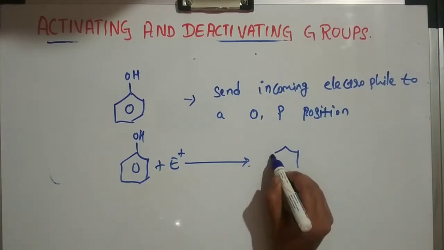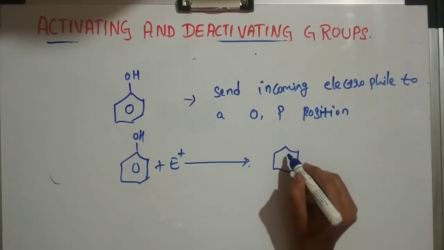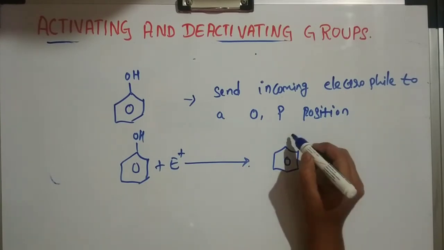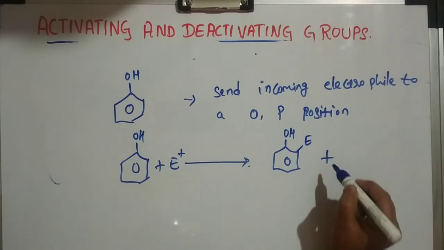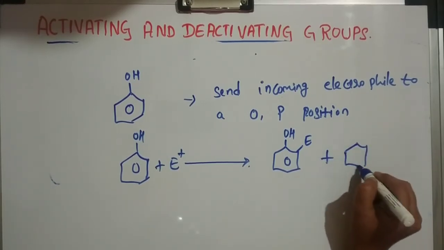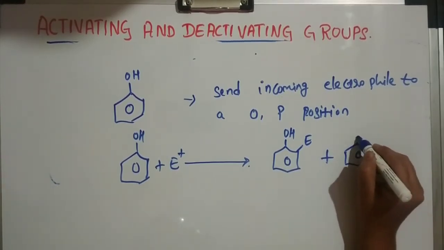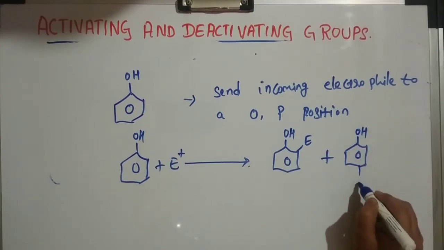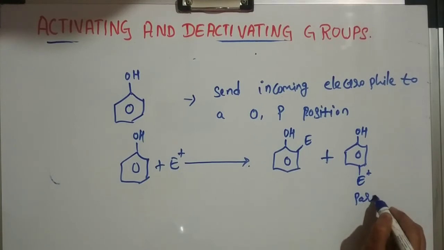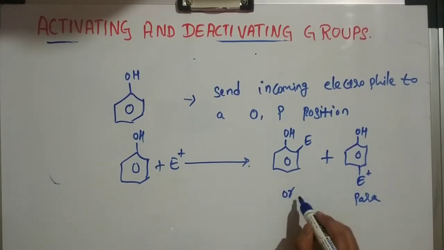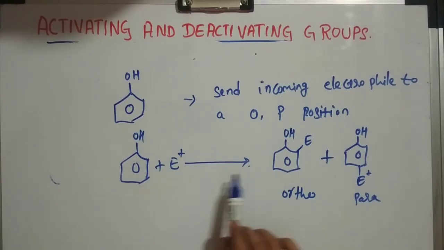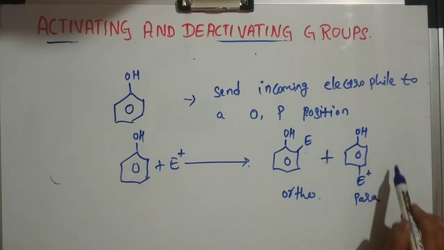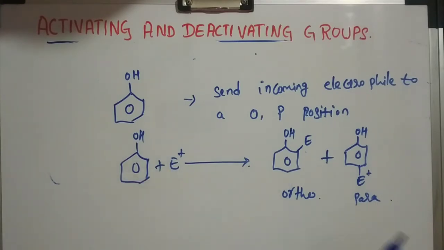One time it will take place in the ortho position, and one more time it will take place in the para position. This is the electrophile. So this is the para position, this is ortho. So when electrophilic substitution happens, the electrophile will take the ortho and para positions in the activating groups.